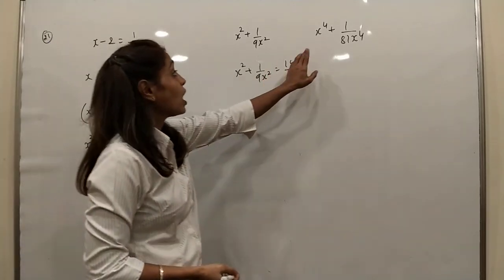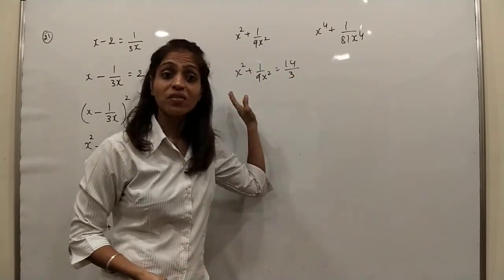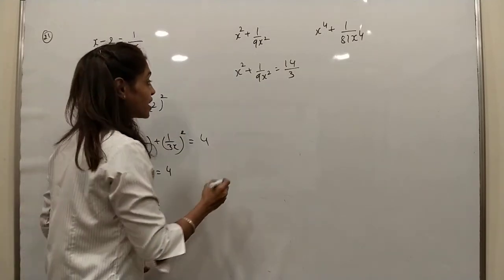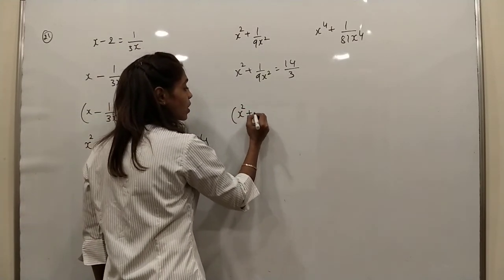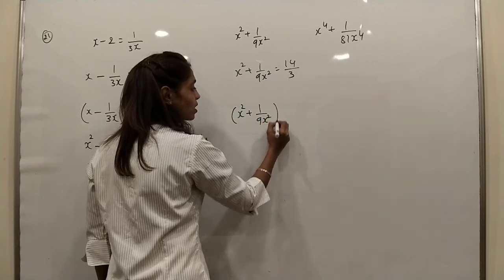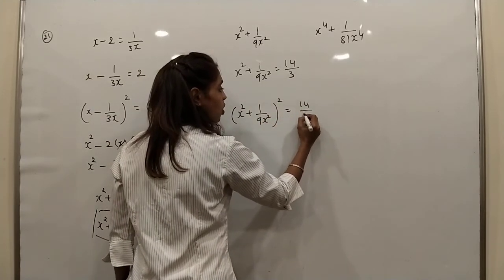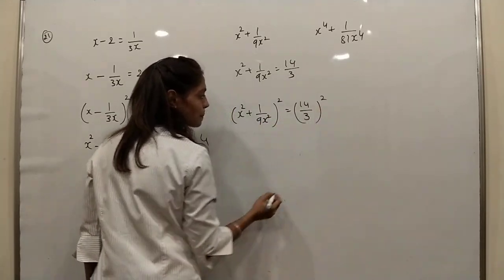Now I still want the 4th power. Now start with the lesser power and square on both the sides. x square plus 1 upon 9x square the whole square is 14 by 3 the whole square.